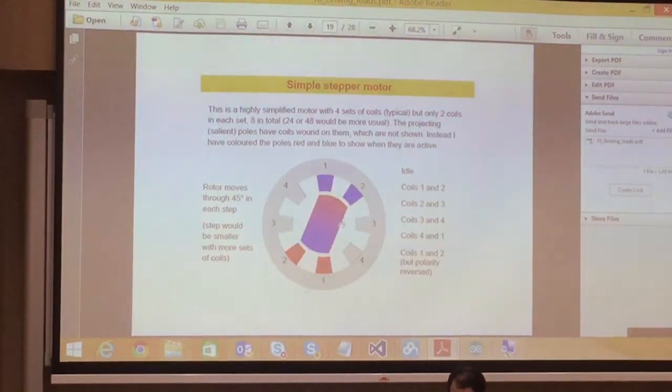Let's say you have four coils: 1, 2, 3, 4. At one moment, I only activate coil 1. I pass the current through coil 1, and then you will have a north and south pole.